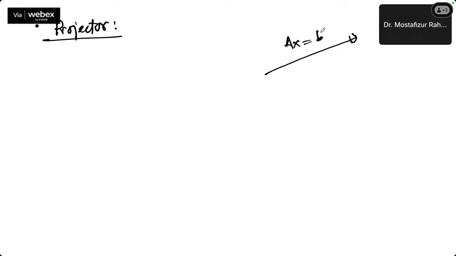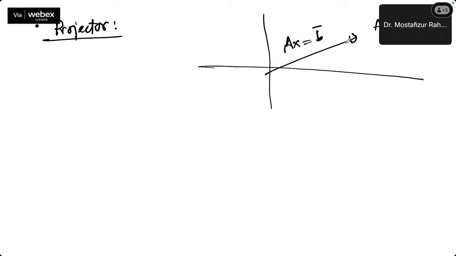Now there is a term called the projector. This is important. Often in many cases, this is your Ax equals B equation, and this A is not pure. This A is impure, meaning noise is added somewhere.